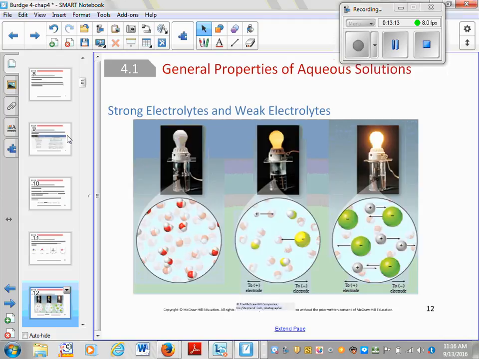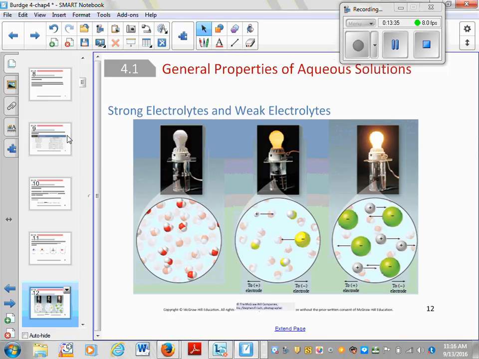So here's a pictorial example. So here, the one on the left, if I have water, either pure water, or even like sugar water, the light bulb's not going to light up because there's not an electrolyte. If I have a weak electrolyte, which would be the middle one, you can see it's kind of a dull yellowish light.